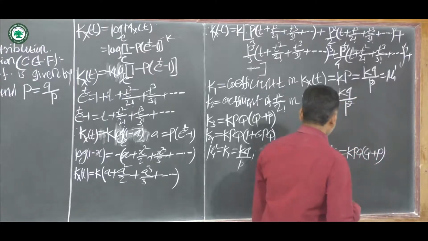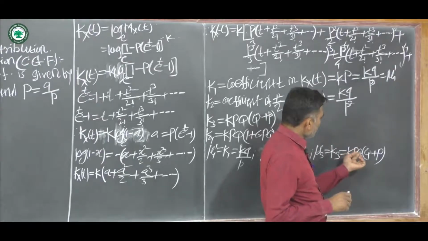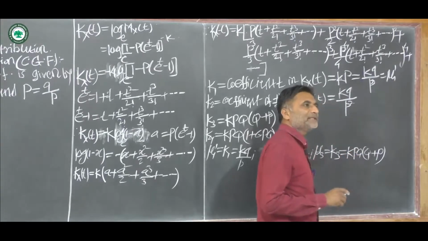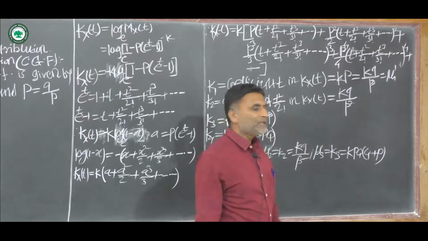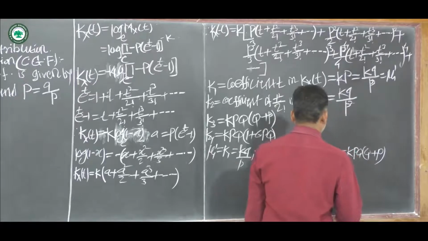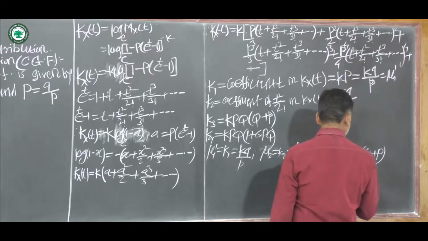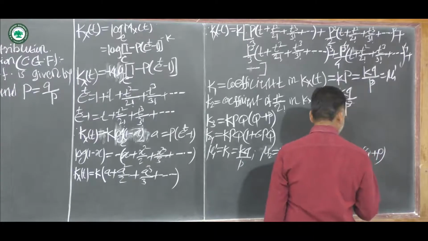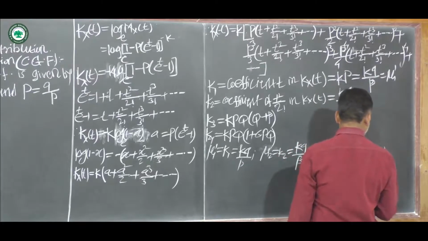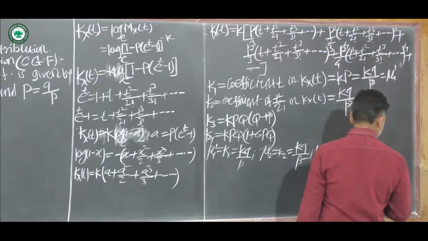Okay, now we substitute here capital P and capital Q. That is, capital P is equal to q upon p and capital Q is equal to 1 upon p. Okay, which is equal to k into q upon p square into bracket 1 upon p plus q upon p.